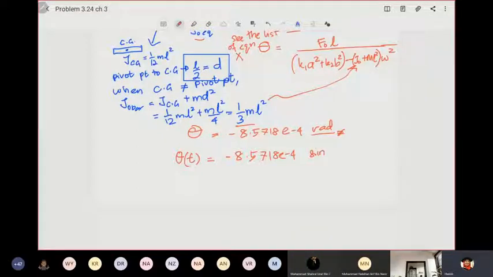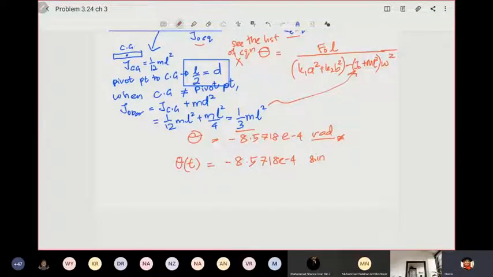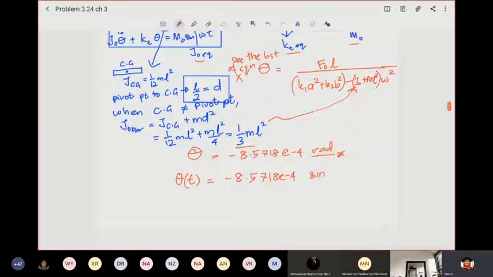So what about omega? It's the same omega, isn't it? What is the omega value? You look at the question, 1000 RPM, you have to convert it. So what is omega? 104.72 if you convert that. They give you 1000 RPM, so you have to convert the omega.